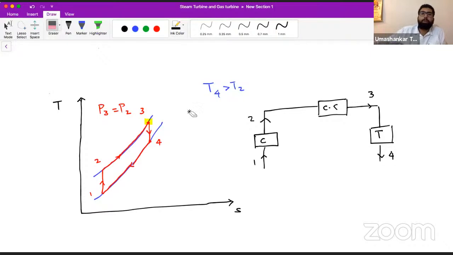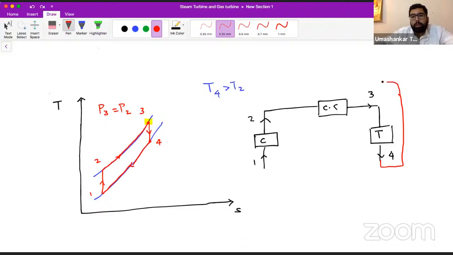So what we are going to do is something like this. We will just change the path.